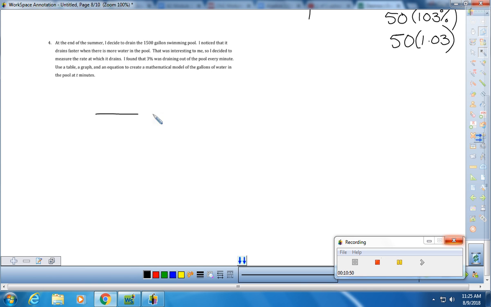Okay, so now, at 0, we start with 1,500. 3% of it was draining out of the pool. Well, that means 97% of it was remaining. So how do we do it?